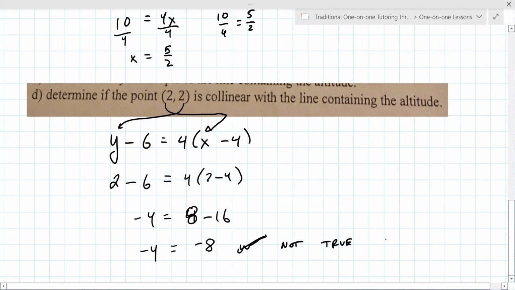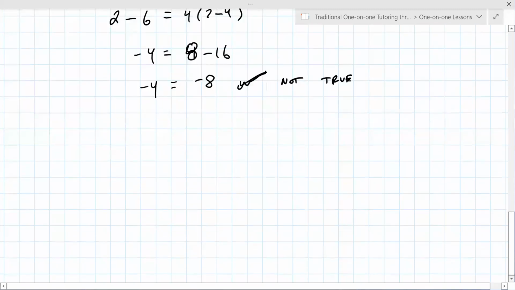Okay, I have a question. With yours, the final part for the not true says negative 4 equals negative 8. For mine, I just wrote equals negative 4 because I was looking at it as 8 minus 16 is negative 8, and then if I add 4 to negative 8, it would be negative 4. But if you add 4 to both sides, you get 0 equals negative 4.